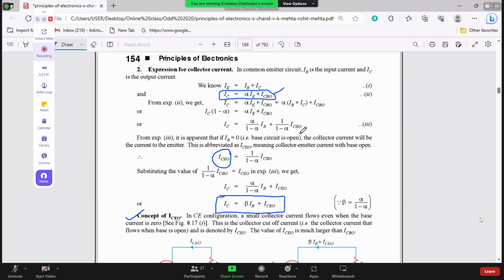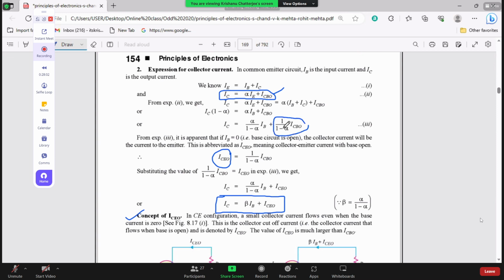Here there is ICBO. Now what we are doing is, we open the base. We just open the base emitter circuit. If we open the base emitter circuit, your IB will be 0. Remaining will be only this portion.